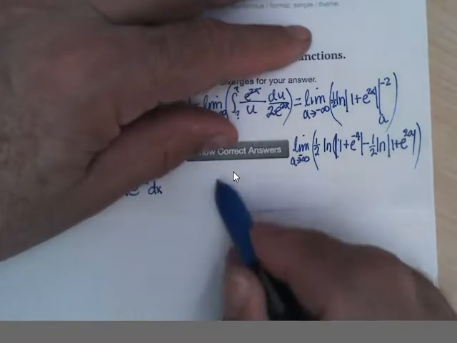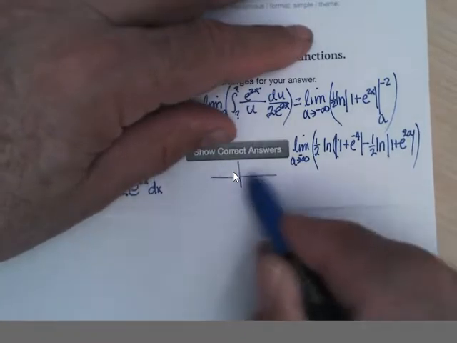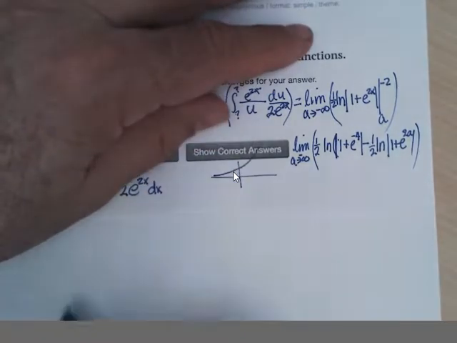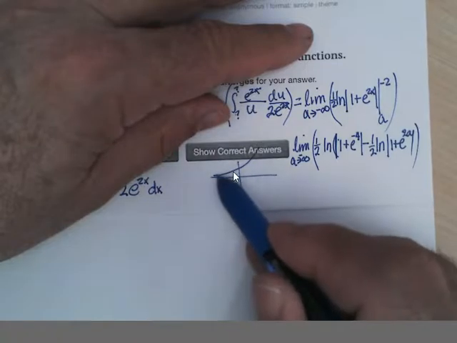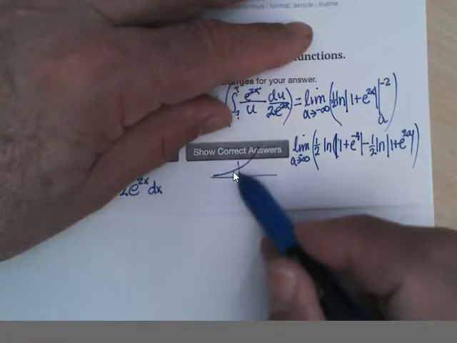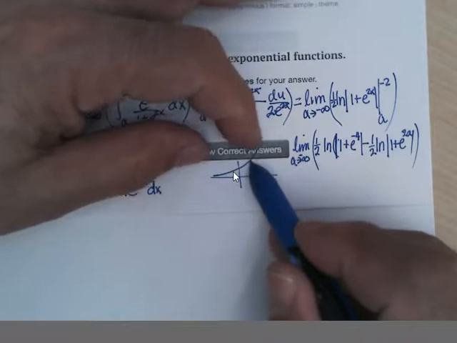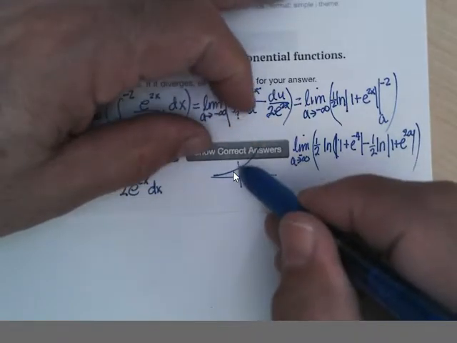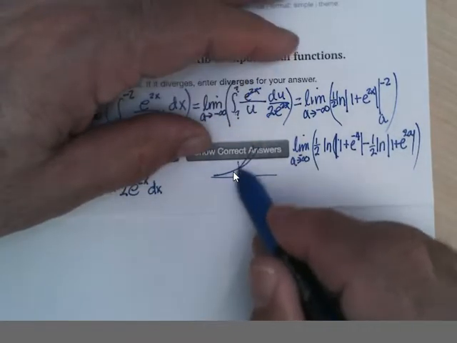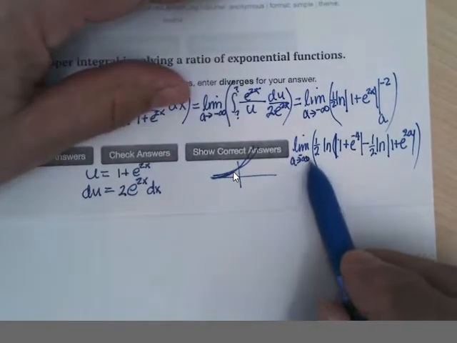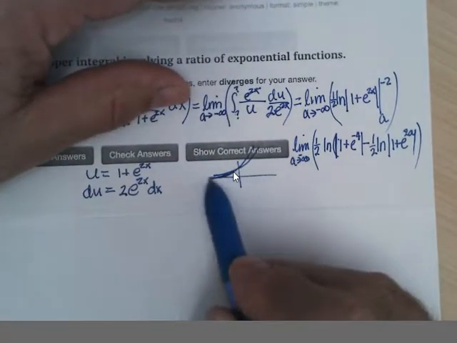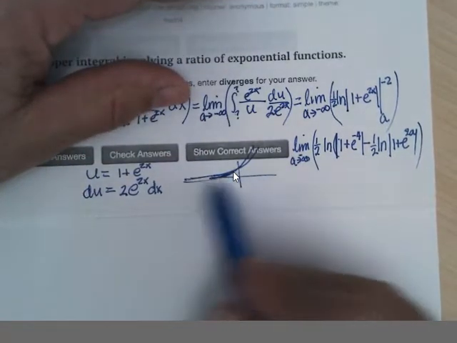Okay, so what does e to the 2a look like? Well, e to the x looks like this. e to the 2x would look just like it, but it makes it half as wide. So it just makes it a little steeper like this. And I want to go to negative infinity. So what's this doing as it goes towards negative infinity?